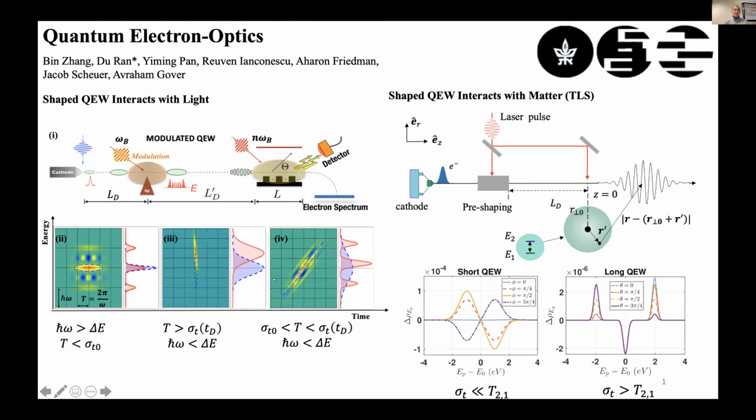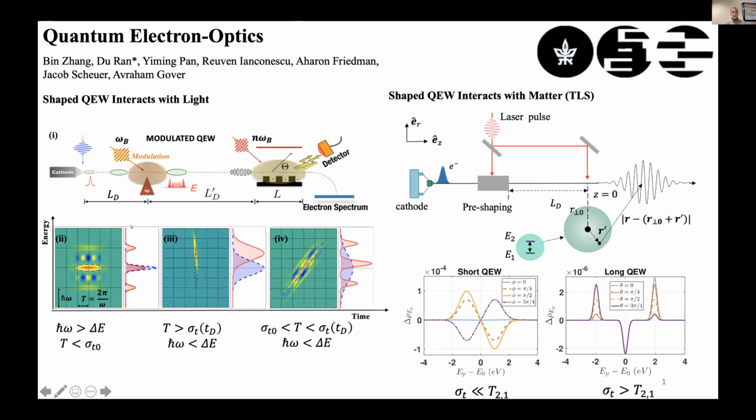For the interaction with light, we investigate the inverse Smith-Purcell setup and modulate the electron with a laser, and then the electron interacts with the plasma induced by the laser on the grating.